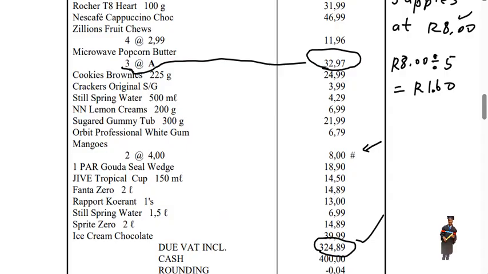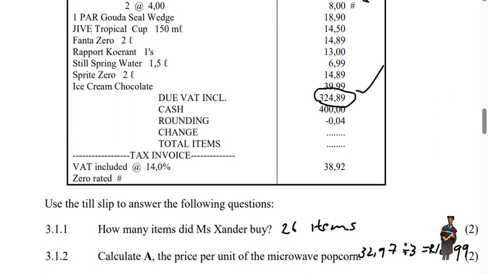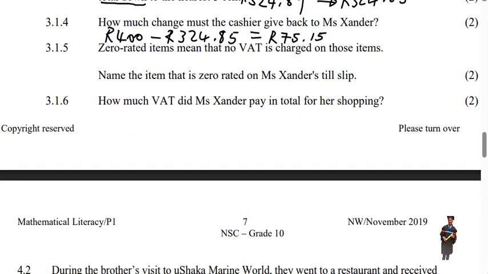It is indicated by hash, but sometimes instead of hash they use a star. Please do not forget this. So mangoes is the item. Let's write down the name of the item. It is mangoes.